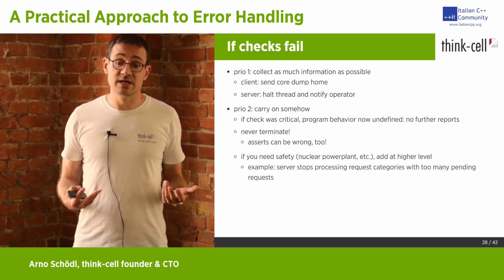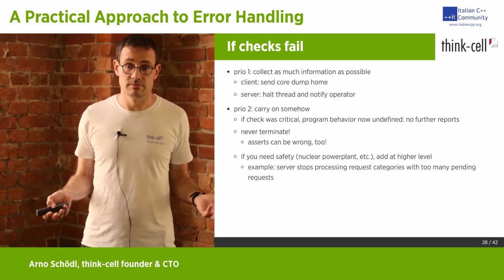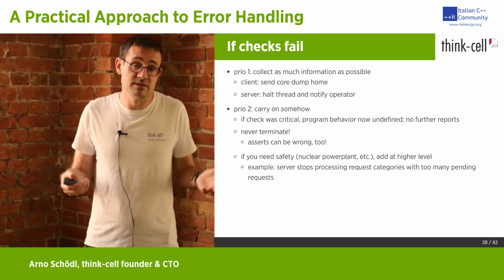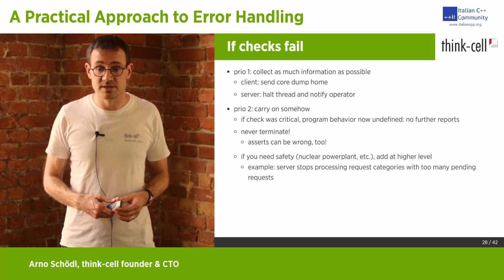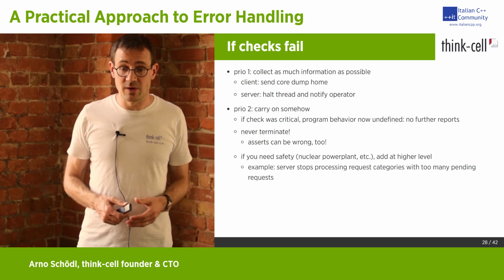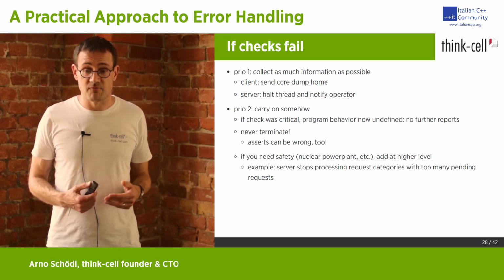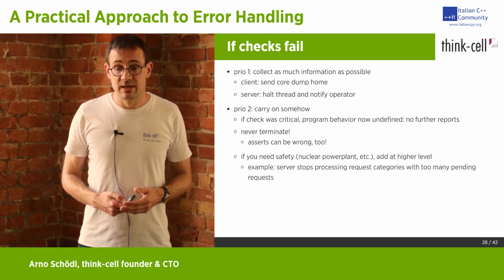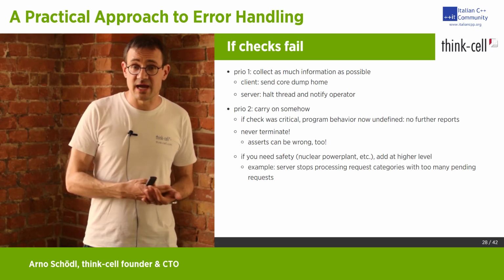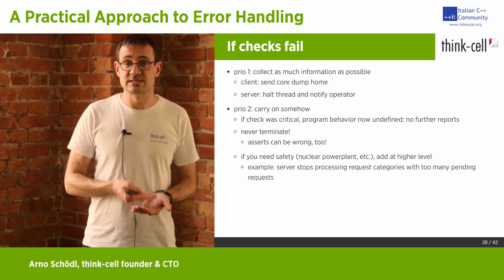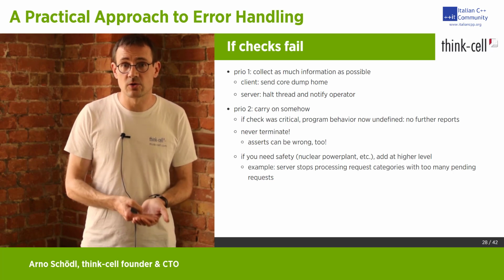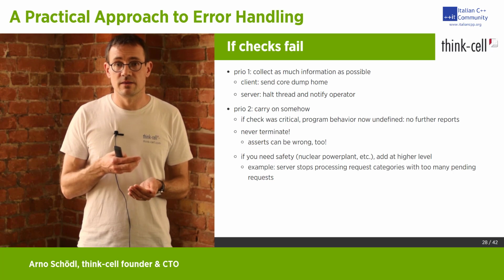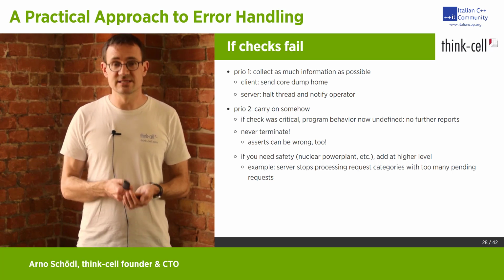Priority two is carry on somehow. I mean, as you see, the server just halted a thread. Maybe the user can restart their operation, do a different request. But for the client, you can carry on. Now, if the check that we had there was critical, this is an API call that we did not expect to fail, then we say the program behavior from now on is undefined.